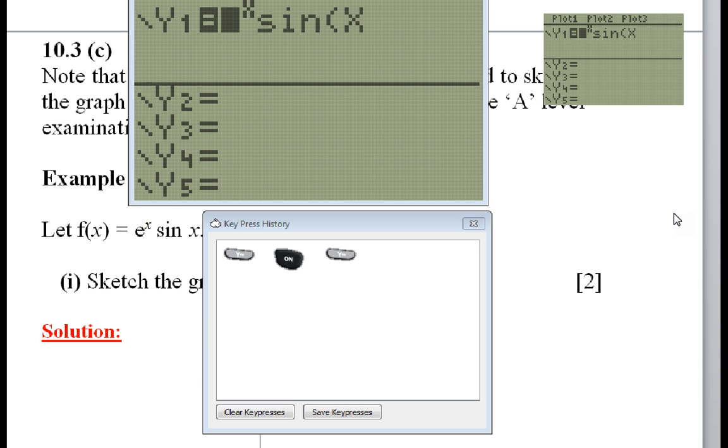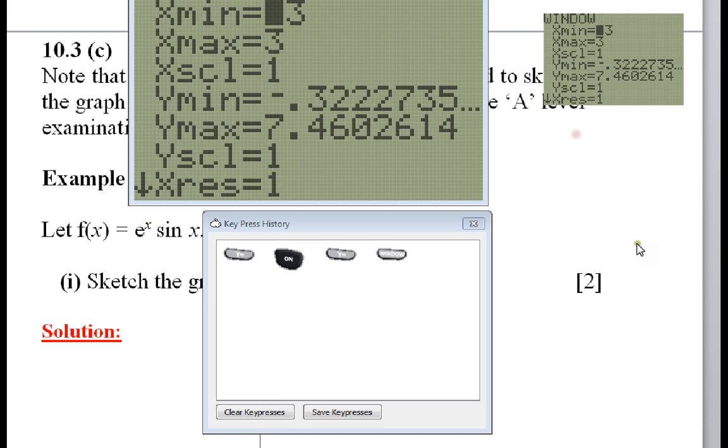How do we ensure that it lies between -3 and 3? Now you can see from your notes there is one keystroke there. You will divide here, but what I'm going to do a bit differently here. I'm going to go to window settings. I'm going to set between -3 to 3 because the question says X can only take between -3 and 3. Am I right?